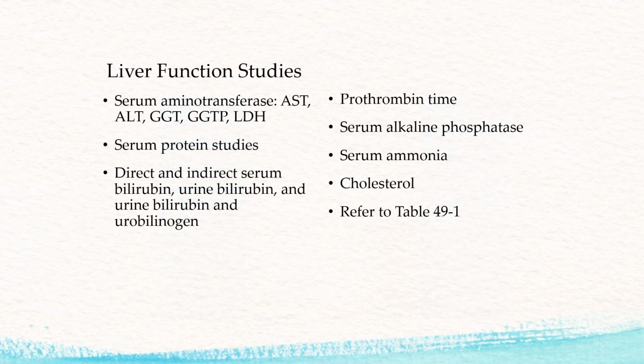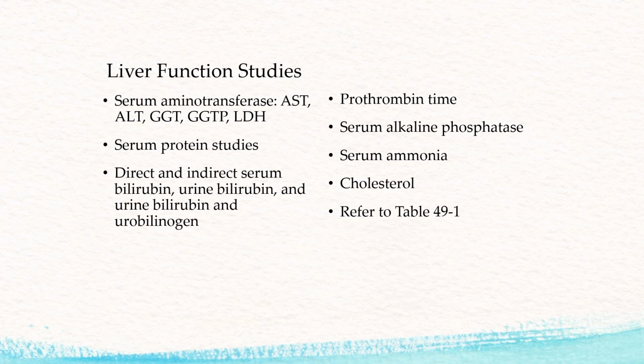So these are some of the more common LFTs, liver function tests, that you will see performed on your patient. Table 49.1 in your book will break it down and tell you what each one is testing for. But as you see there, the serum aminotransferases are usually used to determine how much damage we have to the liver.